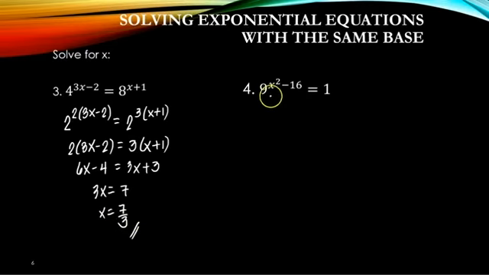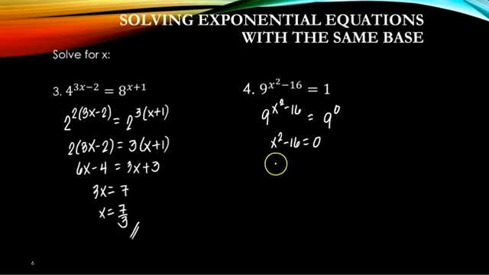That's your answer. Here, only one side has a base. I can say that this one, if you want, just retain it as 9 raised to x squared minus 16, and I can say that the other side is 9 raised to 0. So both of them have base 9. X squared minus 16 is equal to 0.